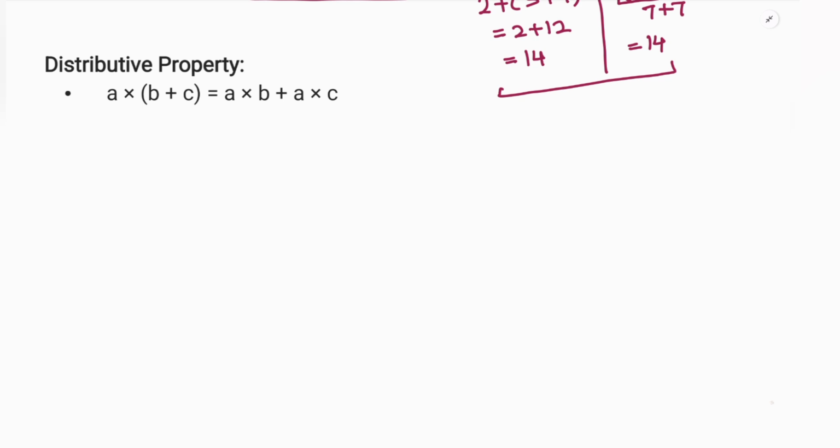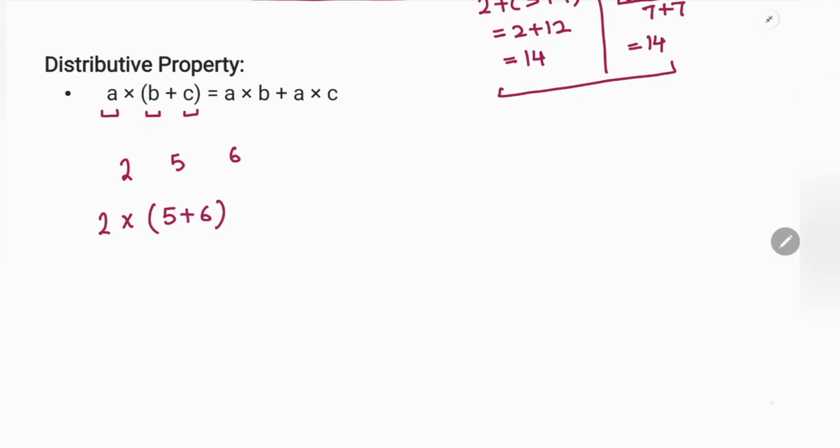Suppose I take an example. It takes three numbers a, b and c. I will take three numbers 2, 5 and suppose 6. If I write 2 multiplied by 5 plus 6, this is how we open brackets as well.